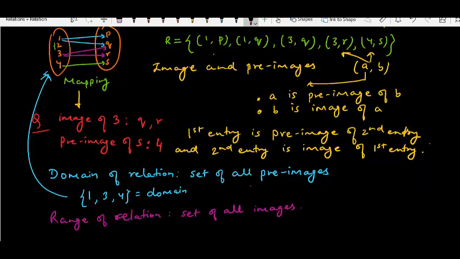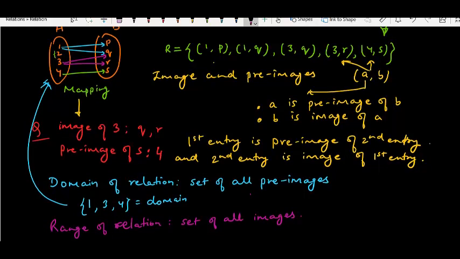If I take this particular mapping as an example, P is the image of 1, Q is the image of 1, R is the image of 3, and S is also the image of 4. So all these 4 elements form the set of images. This set is called the set of range.